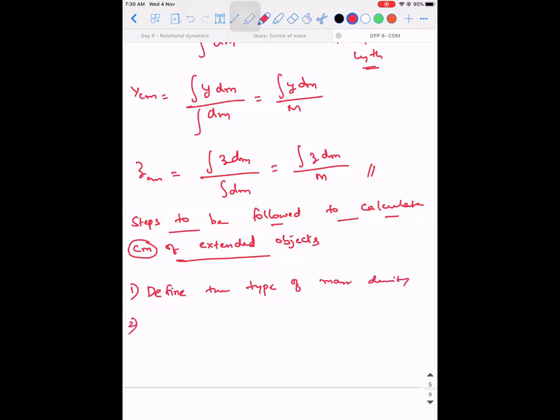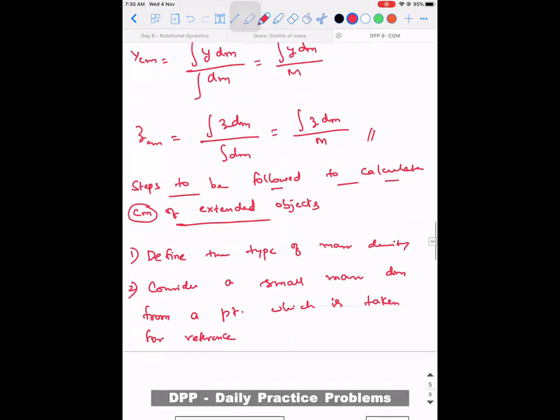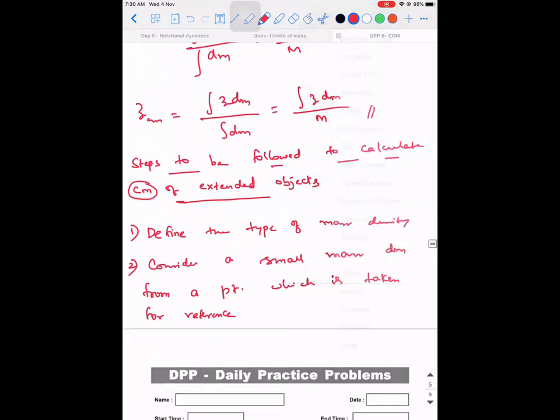Second, consider a small mass dm from a point which is taken for reference.